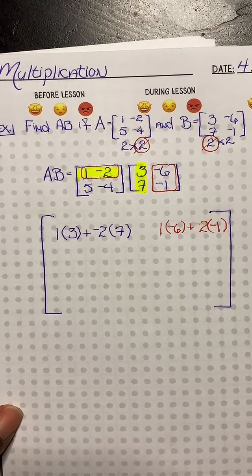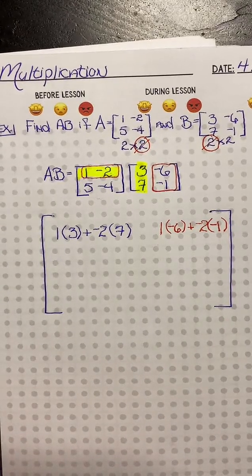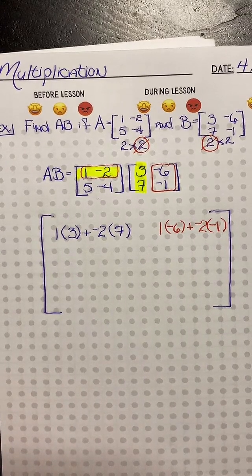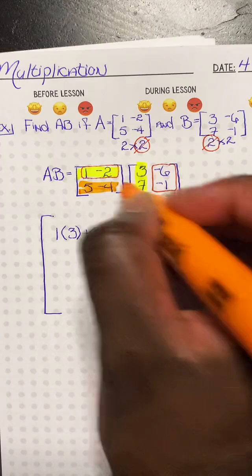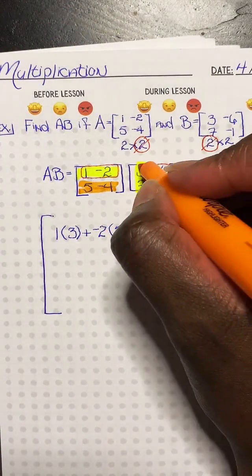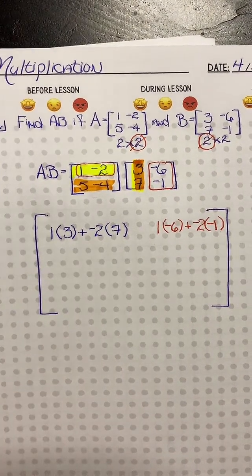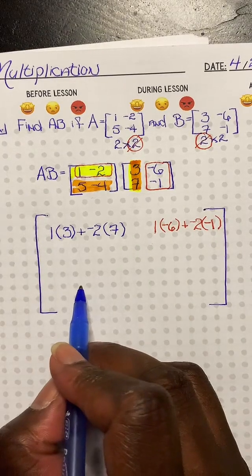So now, we're going to switch colors. Sometimes this orange highlighter is a bit much, but we're going to give it a try. So now, we're going to do first row, or sorry, second row, first column. So that means my answer, I'm going to the second row.